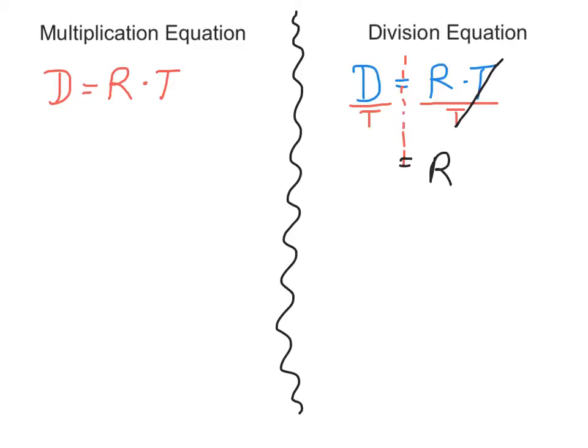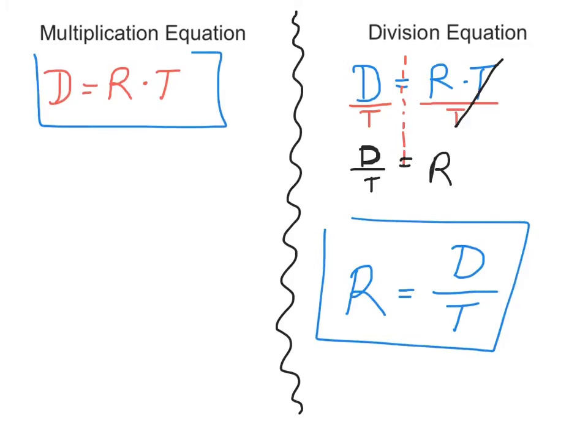And on the left hand side we have distance divided by time. So another equation for the division equation could be your rate is equal to your distance divided by time. Both formulas mean the same exact thing, but one is using multiplication and the other one is using division.